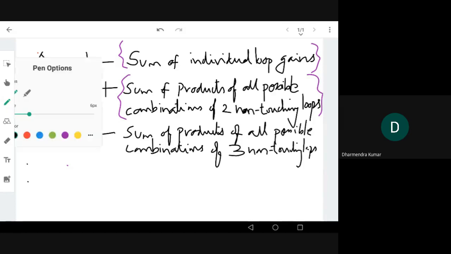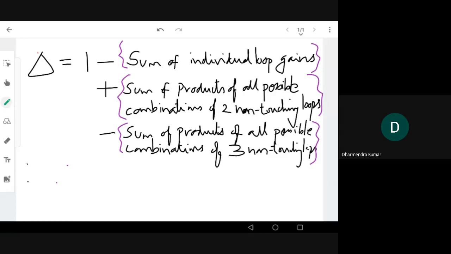Okay, now we can say the next sign will definitely be a plus, and this goes on. Now it will be 4, again minus, then 5. Okay, this is the delta, this is the delta.